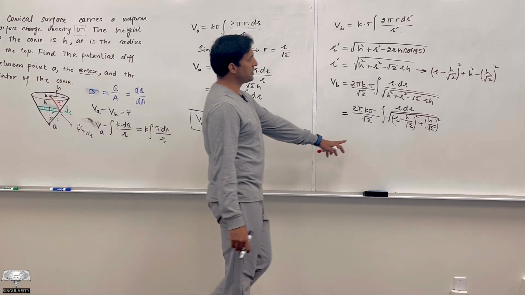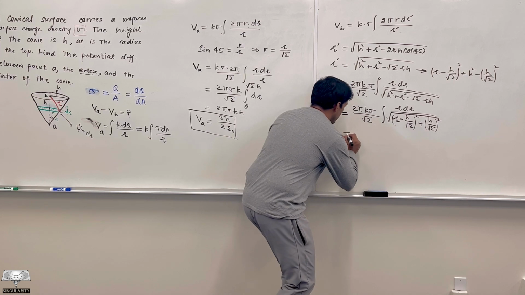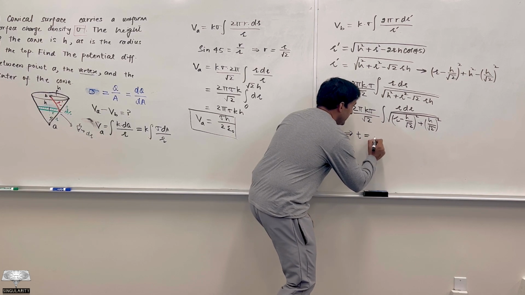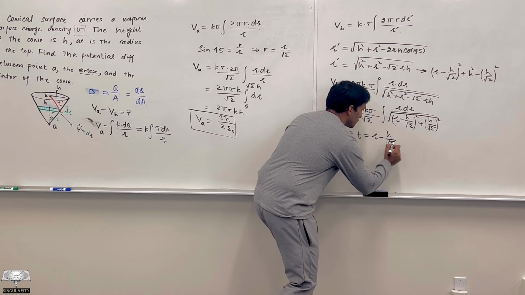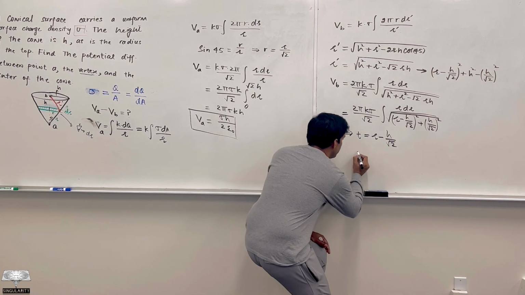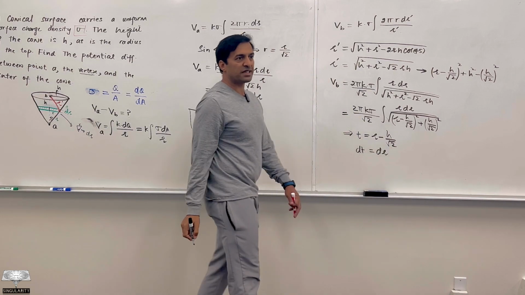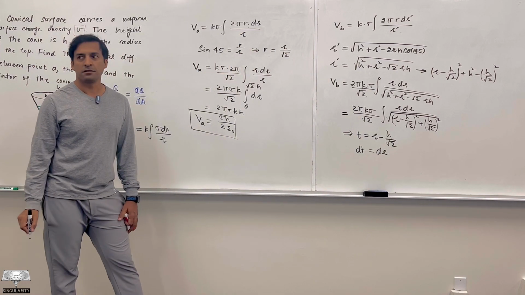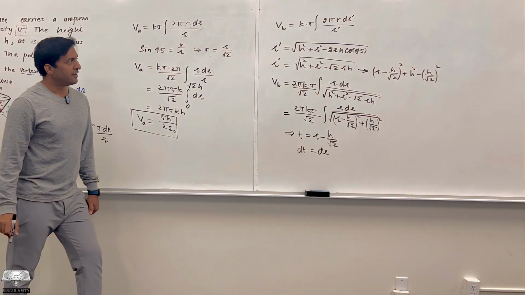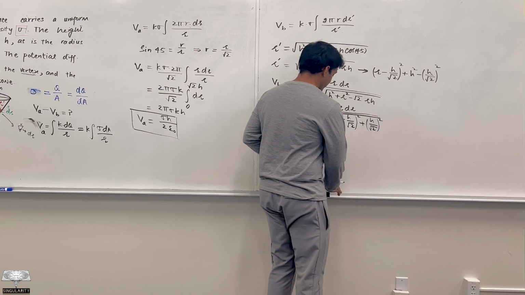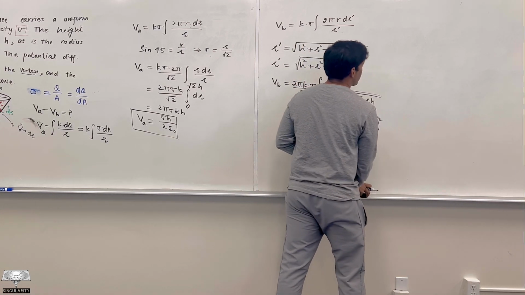So let's substitute t equals this term. So t equals R minus h by square root 2. So what will dt be? dt will be dR, right? It's simple enough. I'm going to erase this line. It's not needed anymore, so that I could move on.